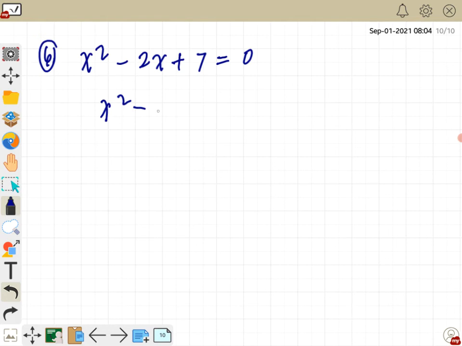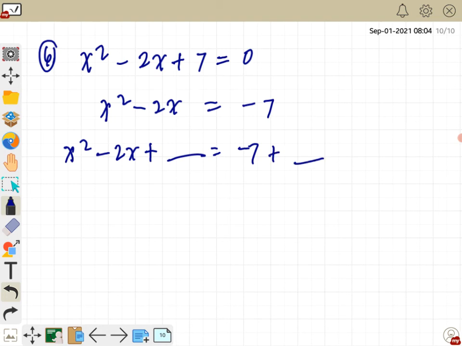Okay, so negative 2x equals negative 7. If we're going to make it a square, we need to have minus 2x plus something that will make this a square, and the same must be added to the right hand side.